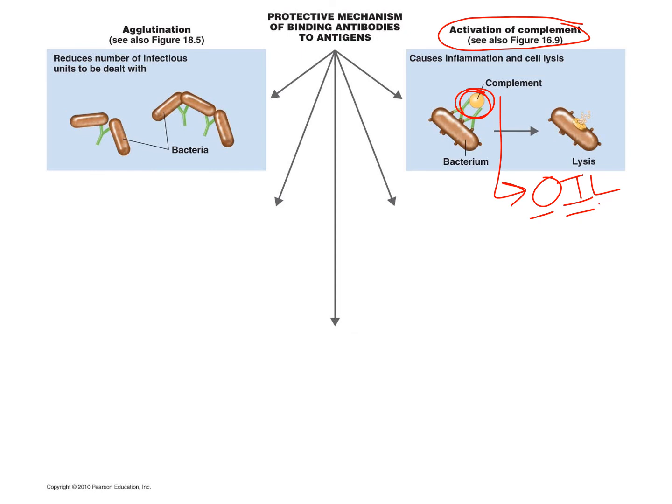And the last benefit, L, is lysis, which is performed by MAC formation, where the complement proteins form pores in the membrane of the microbe, and that leads to lysis. So activation of complement leads to 3 results: opsonization, inflammation, and lysis.